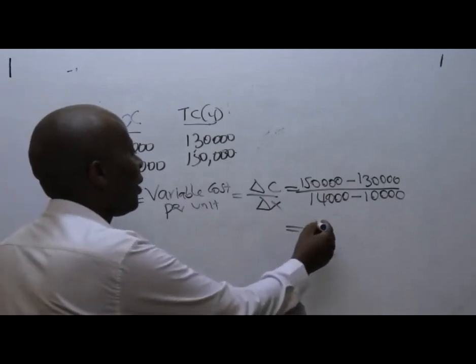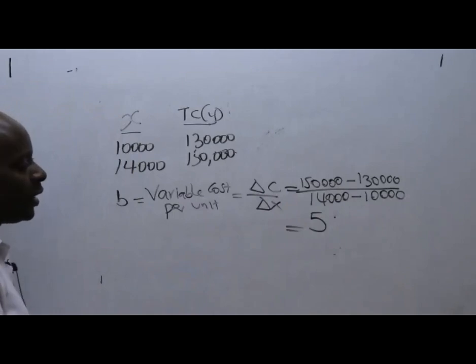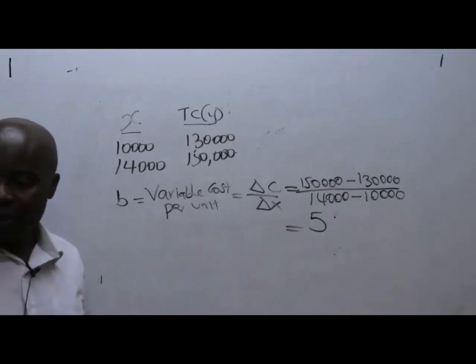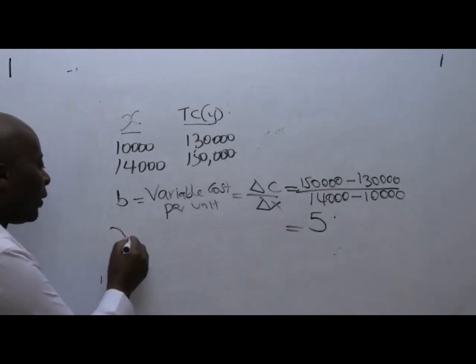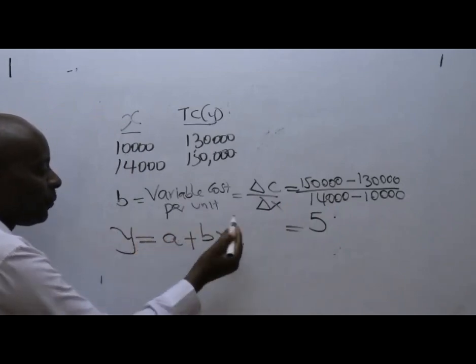So once I get variable cost per unit as 5, the next thing is for me to get the fixed cost, which is A. Remember, our straight line equation is y equals A plus bx.